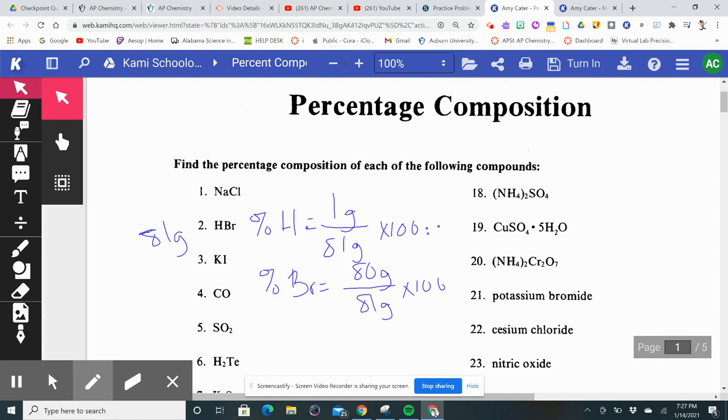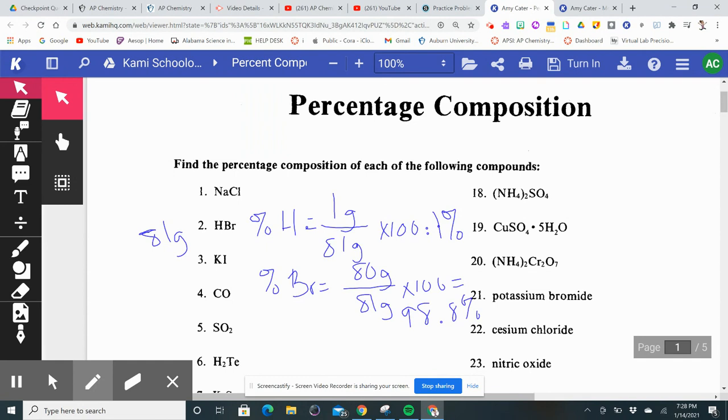So 1 divided by 81, that's going to be 1%. And then 80 divided by 81, times 100 is going to be 98.8%.